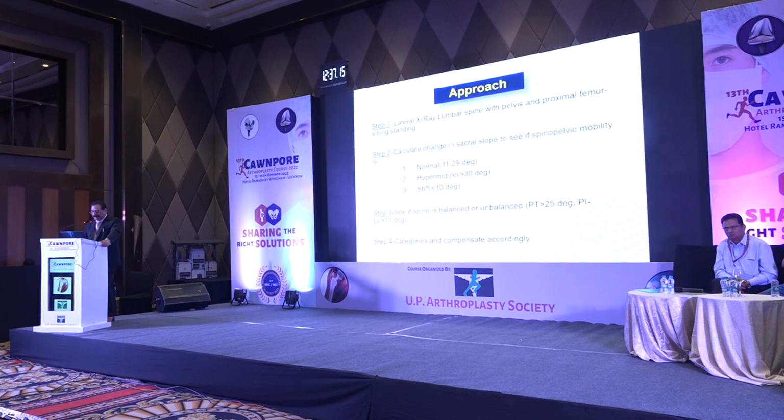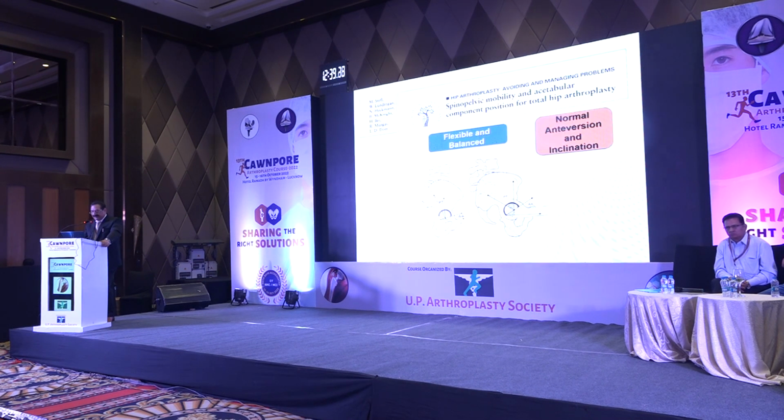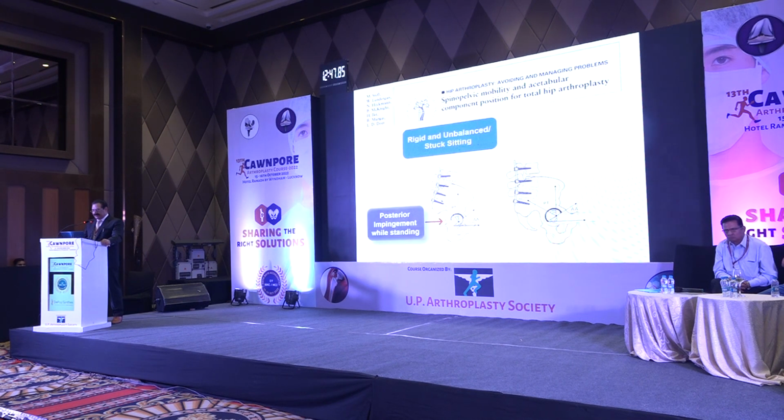So, just the basics. If the spine is normal, not stiff, flexible and balanced, you have normal anteversion and inclination. But if the spine is rigid, kyphotic or less lordotic, then there are chances of posterior impingement while standing, so you decrease the cup inclination and anteversion on table.